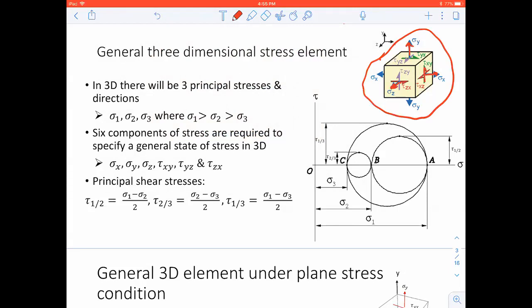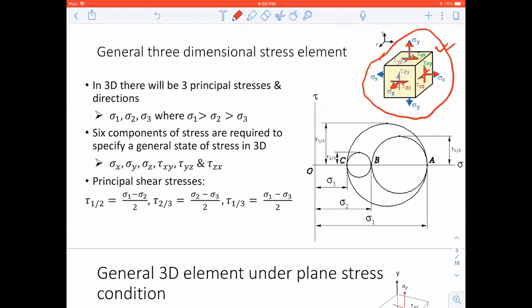Obviously, you have shear stresses in all planes, XY plane, XZ plane, YZ plane. Remember, in stress transformation, we only studied the plane stress condition. What is a plane stress condition, people? There is no stress in the Z direction, in the out of plane direction.